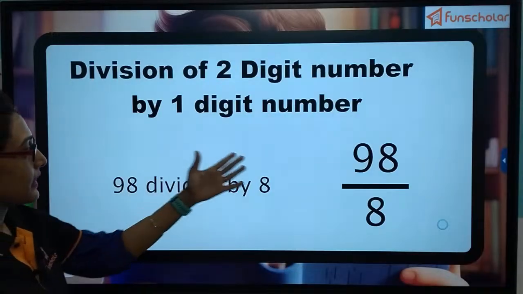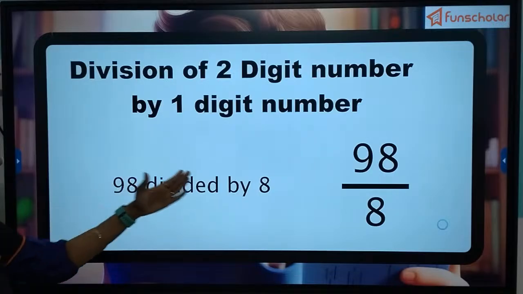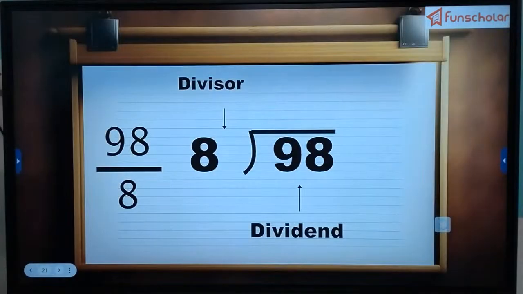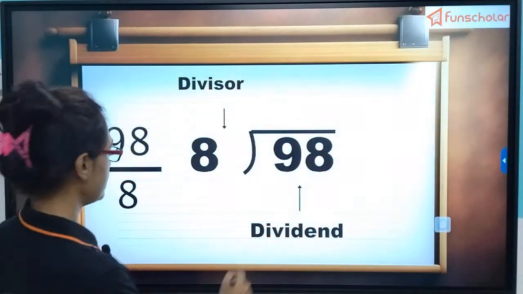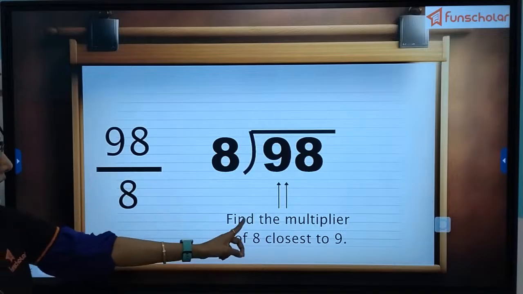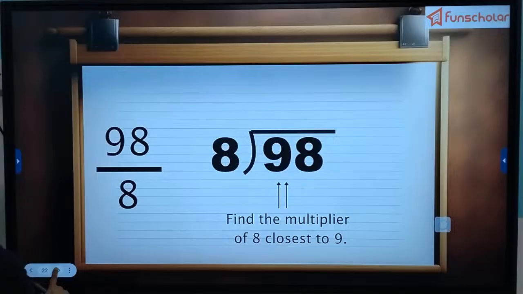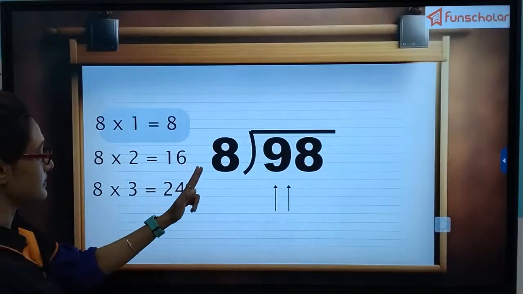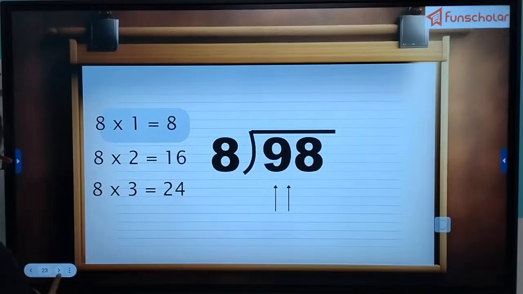Now let's see an example given over here. 89 divided by 8. So 9 is bigger. So we are taking only one digit. So we have to find the multiple of 8 closest to 9. Let's see. 8 1 is 8. 8 2 is 16. This is bigger, so we'll take 8 1 is 8.